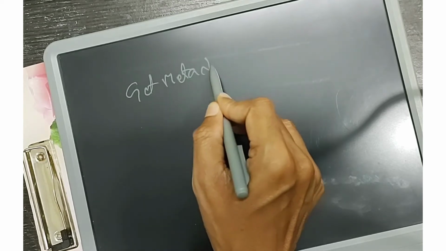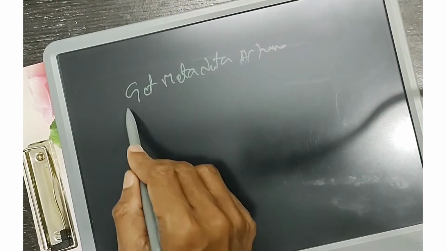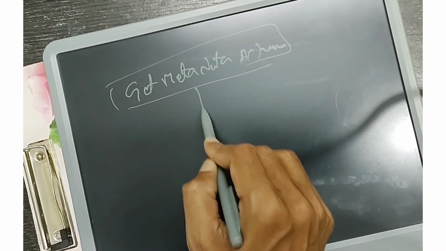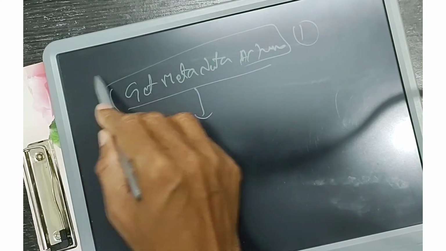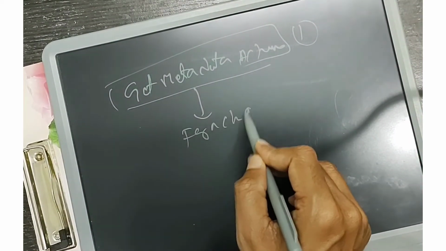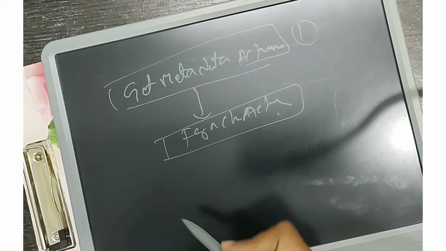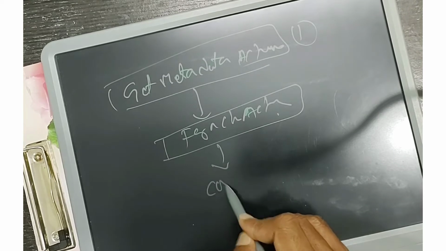This get metadata activity is the first activity in your pipeline. Second one is you can use for each activity. This for each is like controlling. Then copy activity.